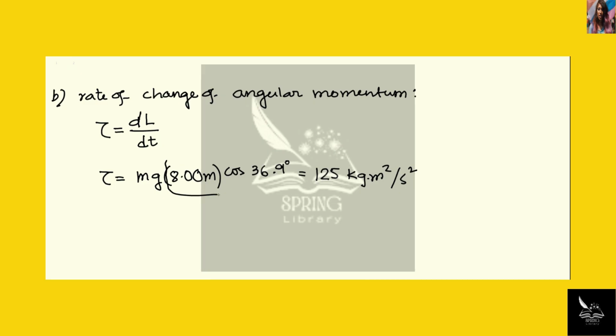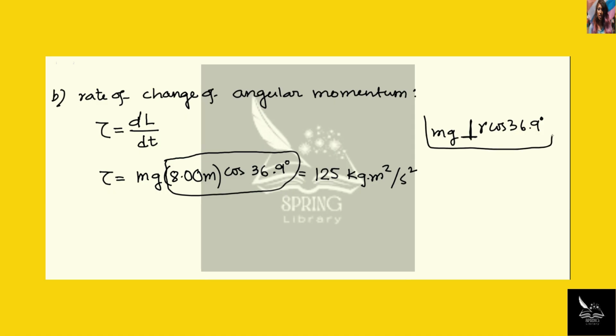So we multiplied mg with the perpendicular component of the radial vector. And remember, this r cosine 36.9 degrees is perpendicular to mg, so only this part will have a contribution to the torque.